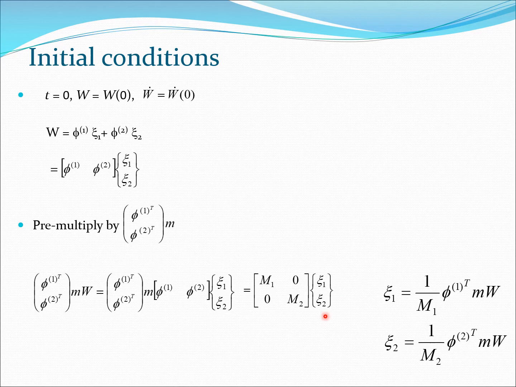So from this I can obtain two equations. I can obtain this xi1, the first modal coordinate, in terms of m1 and this equation here, and xi2 in terms of this equation. The whole point of this exercise is to express the modal coordinates in terms of the actual coordinates w, which are there for the differential equation for the system.